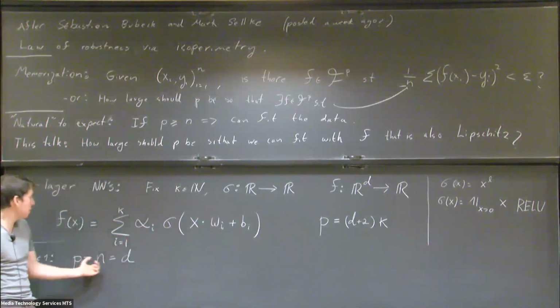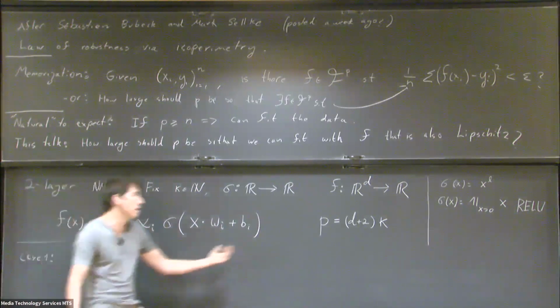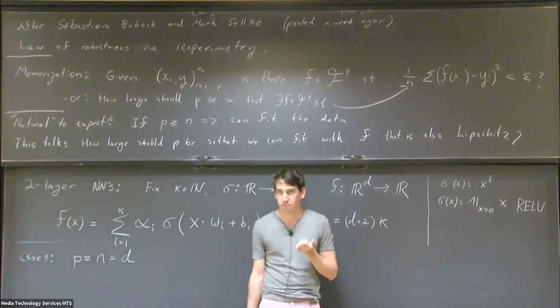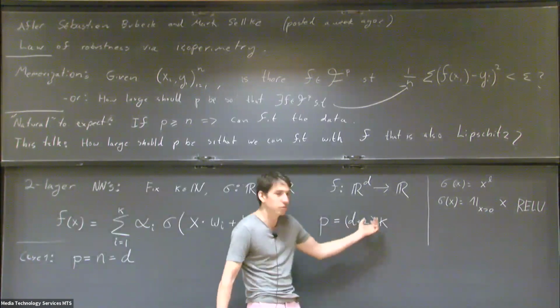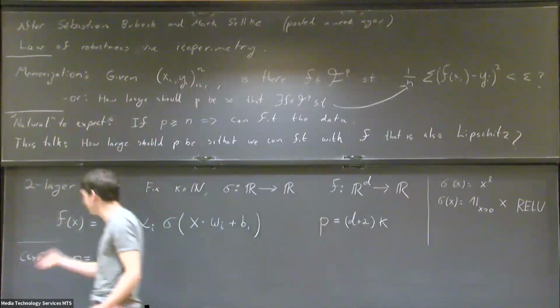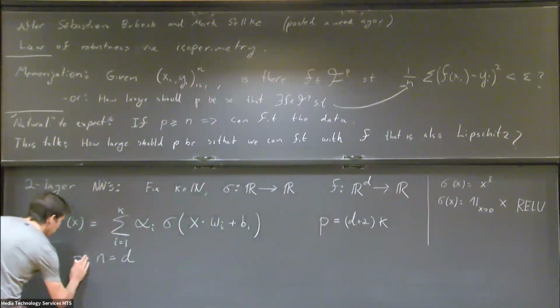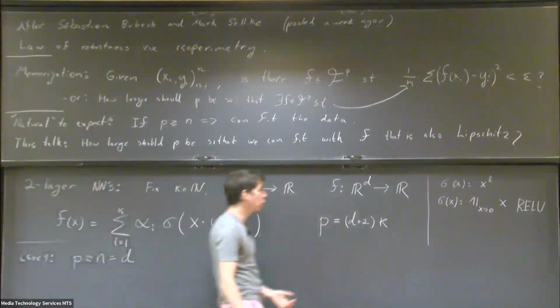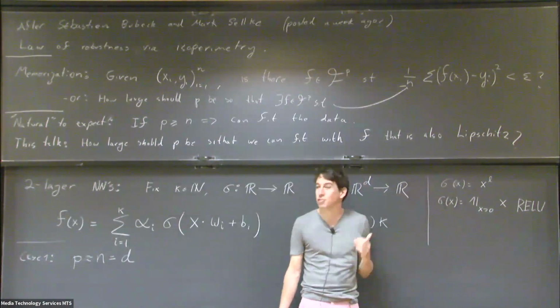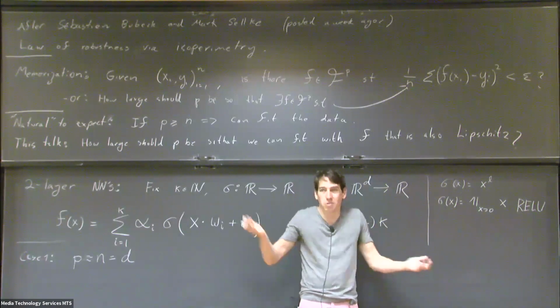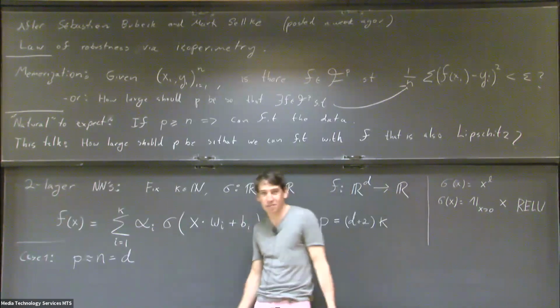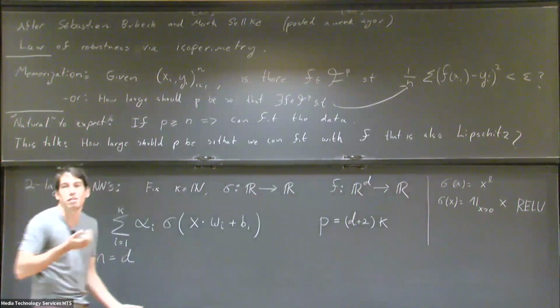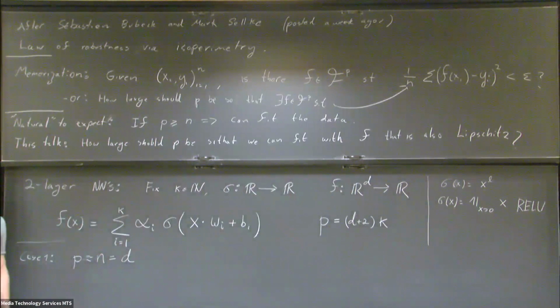Now, if p is equal to n, then k is just equal to 1. I mean, P is of order n plus 2, whatever. And in this case, we can actually think about linear activations. So we can fit d points in d dimensions with an affine function.